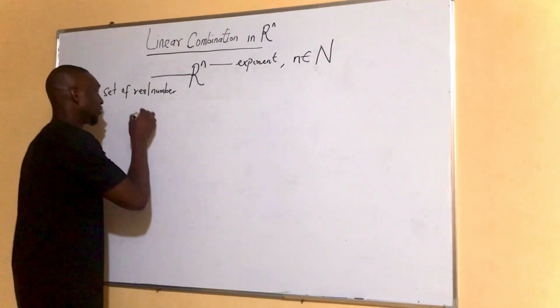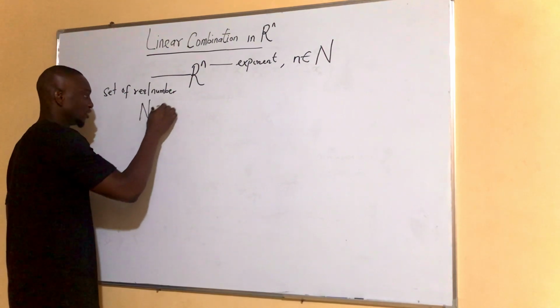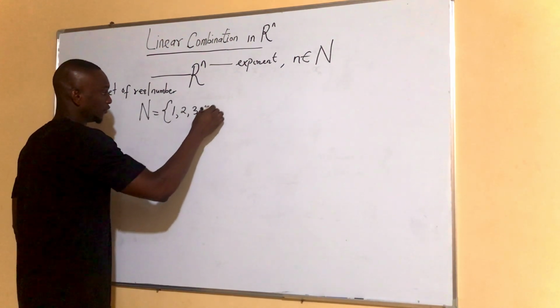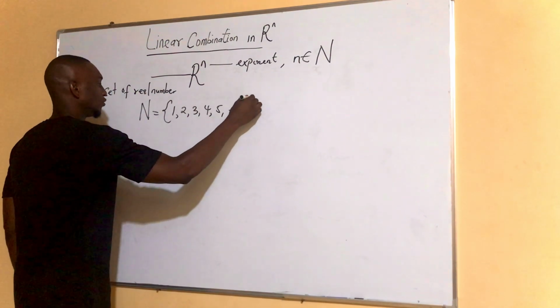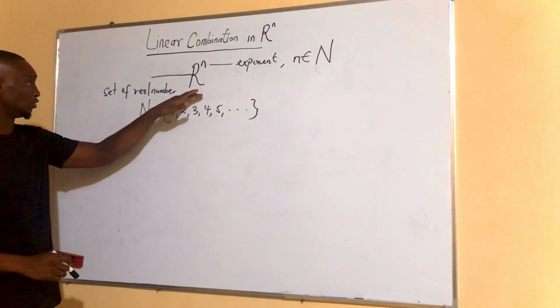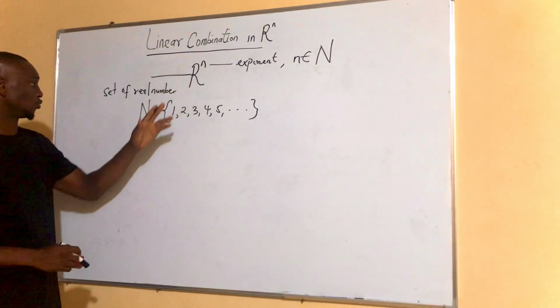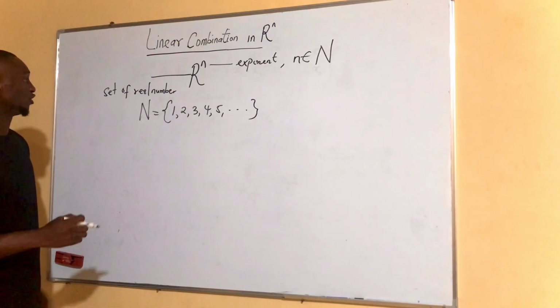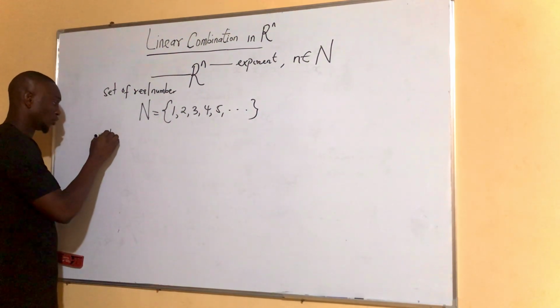We know that natural numbers are positive integers that start from 1, 2, 3, 4, 5, and go to infinity. In the last video we talked about what the expression gives when n is equal to 1. Now we will look at what the outcome of the expression will be when n is equal to 2.